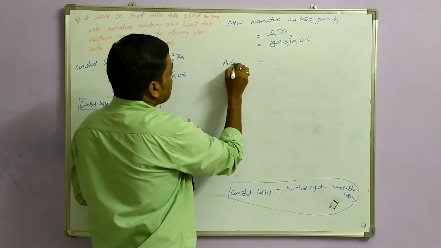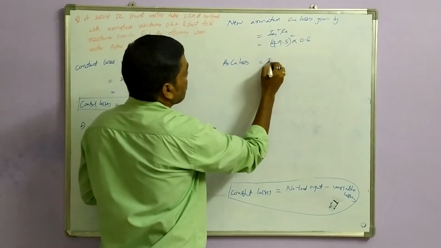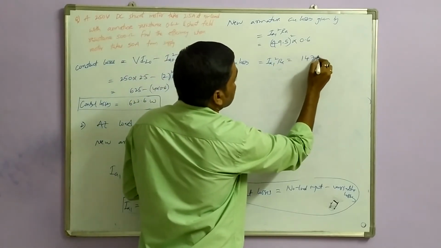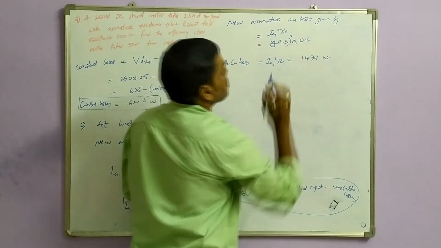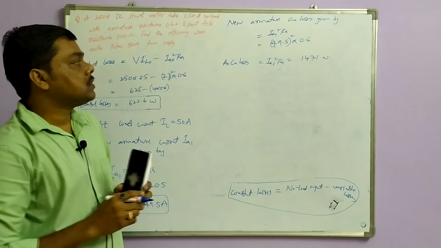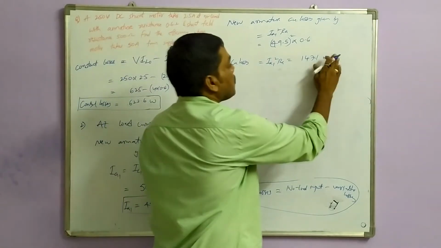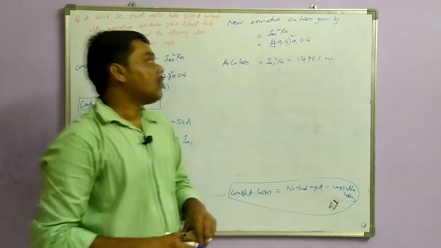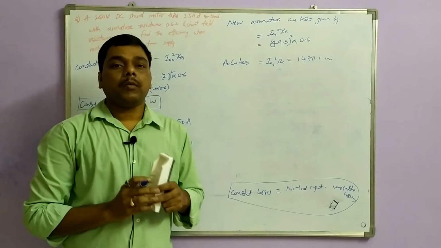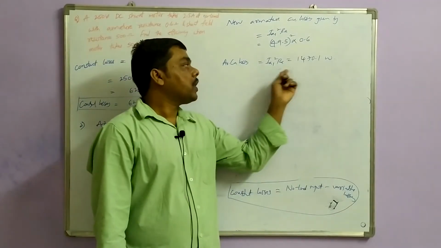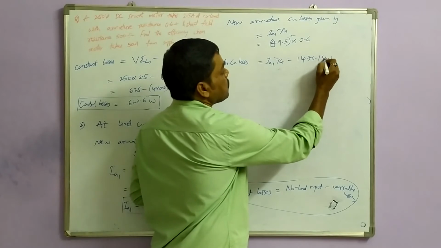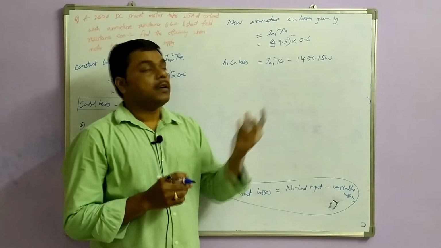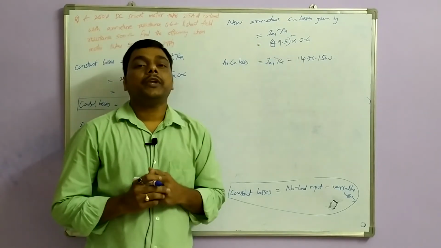Now armature copper losses, nothing but IA1 square RA, is equal to 1470.1 watts. So more accurately, 1470.15 watts of armature copper losses we will get when the load current increases to 50 amperes.